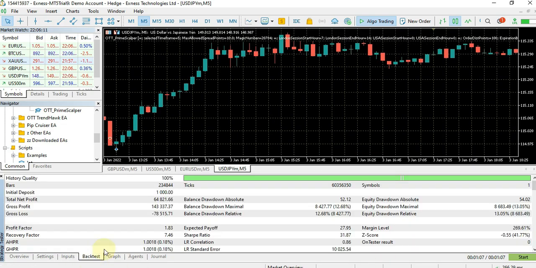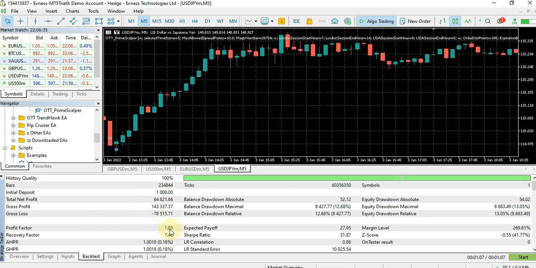Now these are the backtest results for the USD/JPY currency pair. We started with an initial deposit of $1,000, and the total net profit we had here is $64,000. Wow, and the gross profit is $143,000.